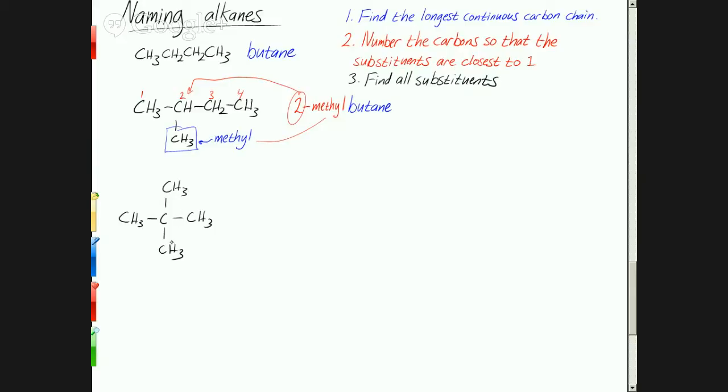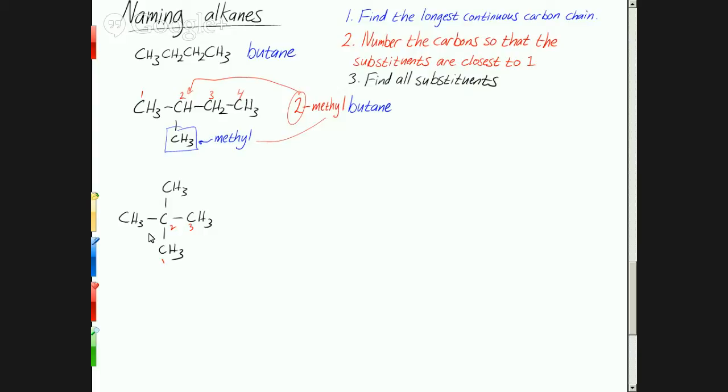It's just 3, any way you go. So let's go a different way just because left to right is always obvious. Let's go 1, 2, 3. That's totally fine, right? That's also a 3-carbon chain. So we numbered so that the substituents are closest to 1. Well, in this case, it doesn't matter because they're always going to be in the middle.